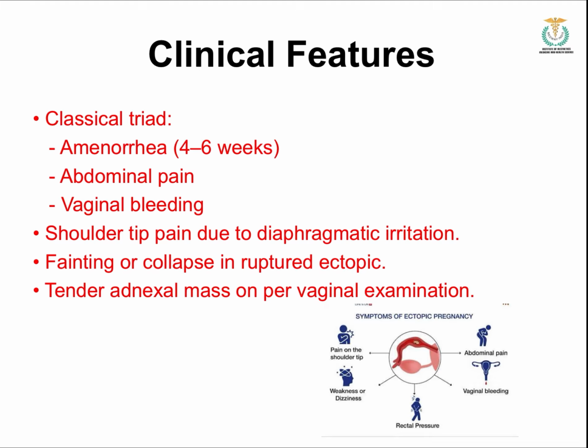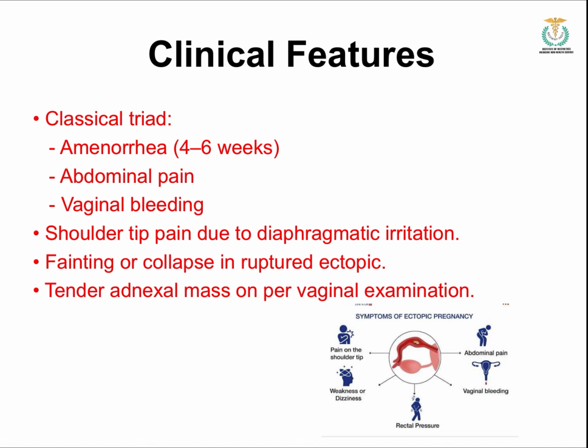On examination, you may find pallor, tachycardia, abdominal tenderness, or guarding, and there will be peritoneal signs also if ruptured. On bimanual examination, a tender adnexal mass with cervical motion tenderness will be present. Importantly, vaginal bleeding can be minimal even with a large intra-abdominal bleed, so don't be reassured by little vaginal loss.